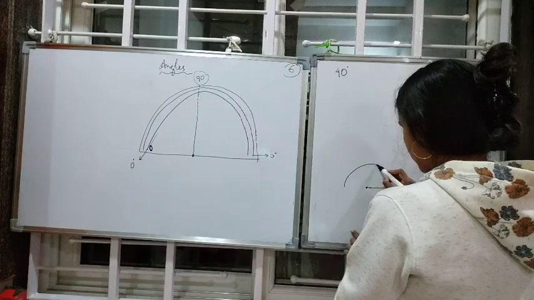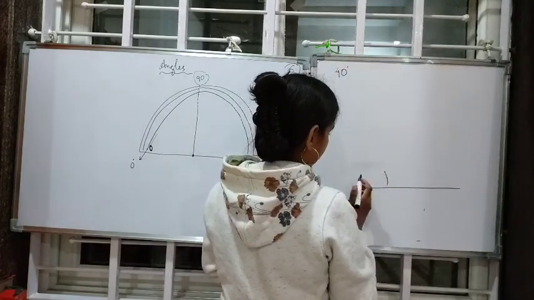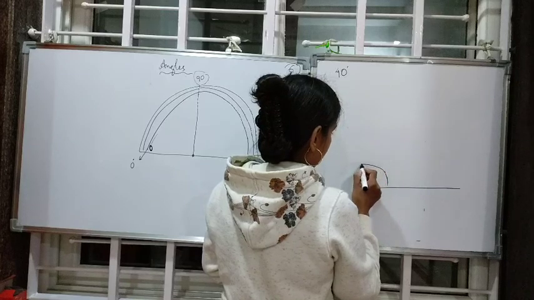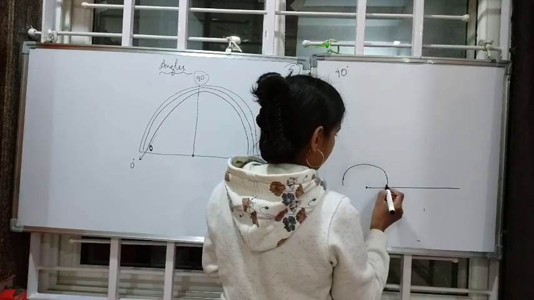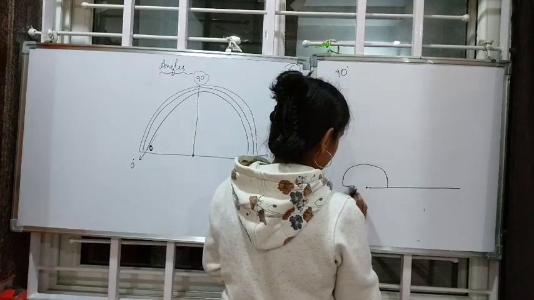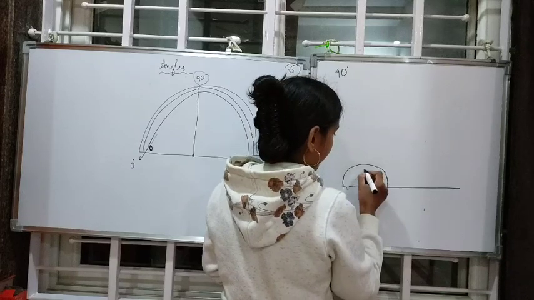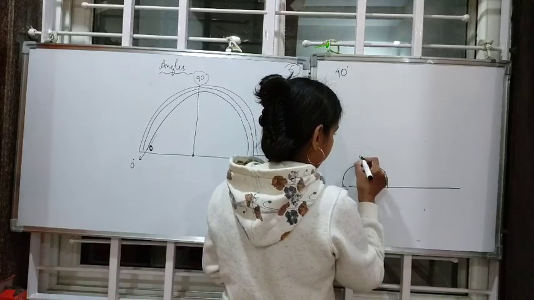Suppose I place the protractor like this. My diagram is not correct. Here, this is the point, this is the 90 degrees.